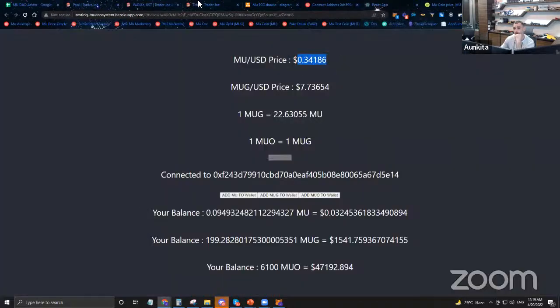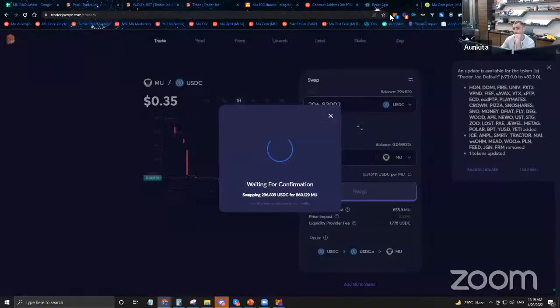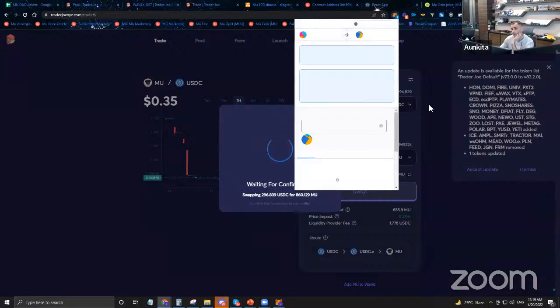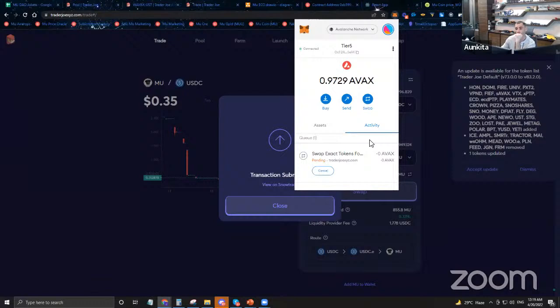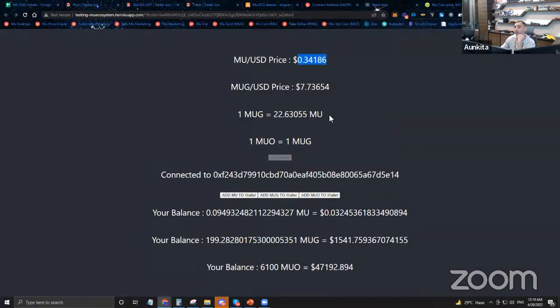So right now we're at 34 cents. I think we're waiting for confirmation to buy this new coin. Swap that. And we can see right now the price is 34 cents.